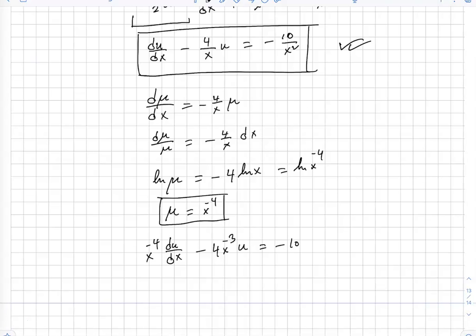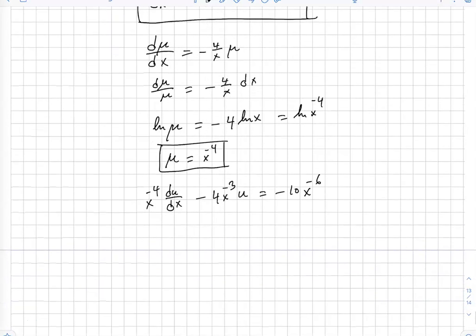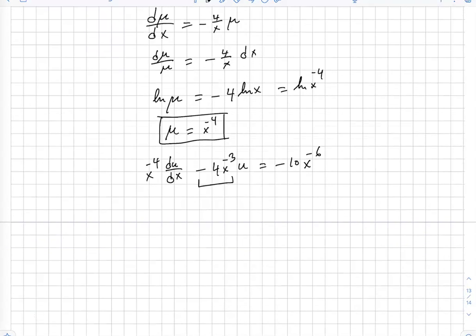So minus 4 minus 2, which is negative 6. Now you realize that in the second term of the right hand side, you have the coefficient negative 4 x to the power negative 3.